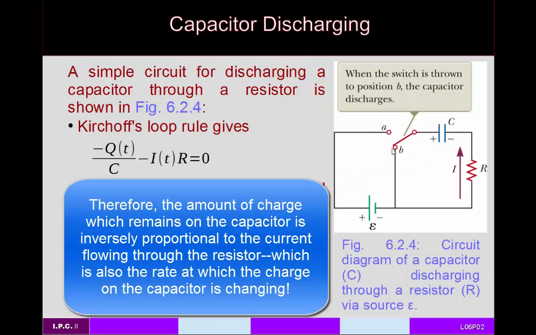When the switch is moved over from position A to position B, the battery is no longer connected across this capacitor. So that means that the capacitor is no longer going to be charging, but rather the capacitor is allowed to now discharge.